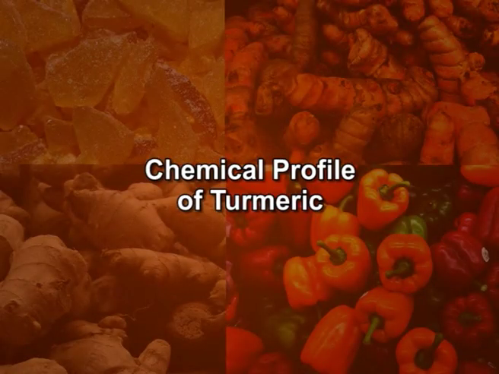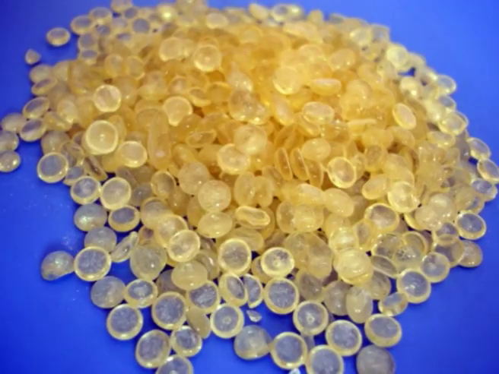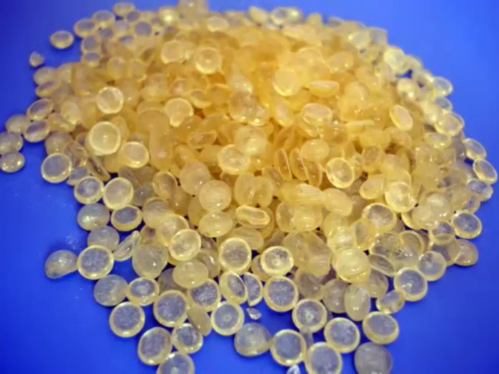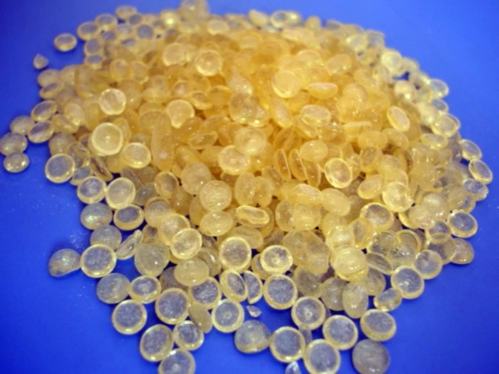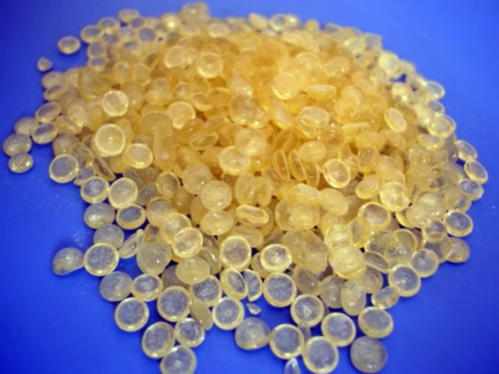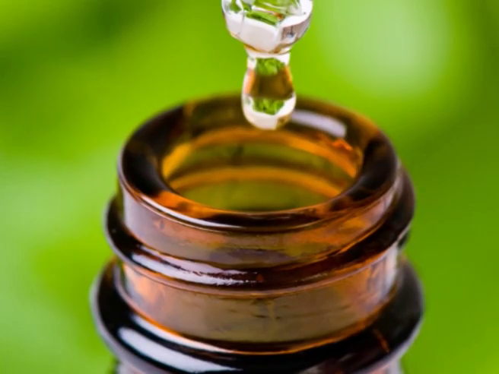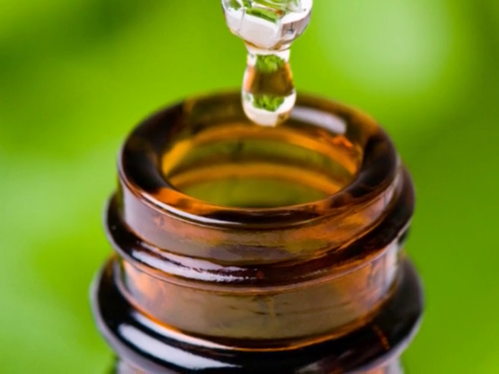Now, I will be discussing to you the chemical profile of the turmeric. Turmeric is an oleoresin drug, meaning thereby that it contains volatile oil and resin both. Now I will be discussing the volatile oil first.